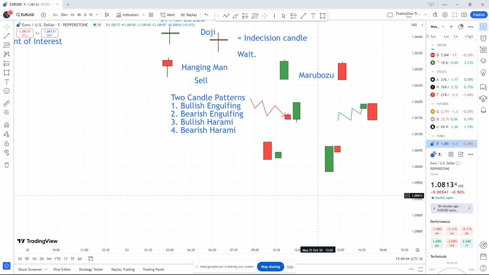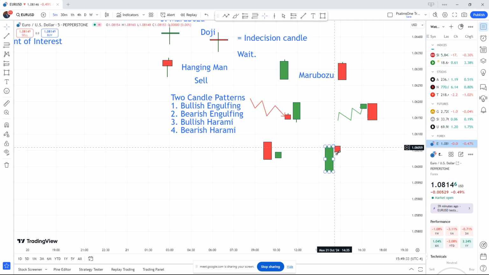Look at this one: the red candle's close will be at the lower part, and the close of a previous candle will be the open for the next candle. That's why this red is at this down part. The close will be here, as the next candle will open here. So the open will be low and the close will be above.